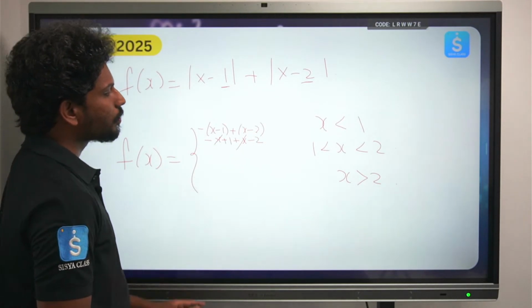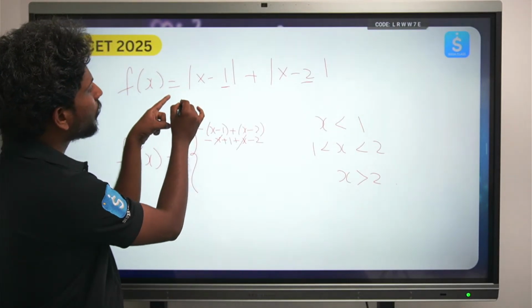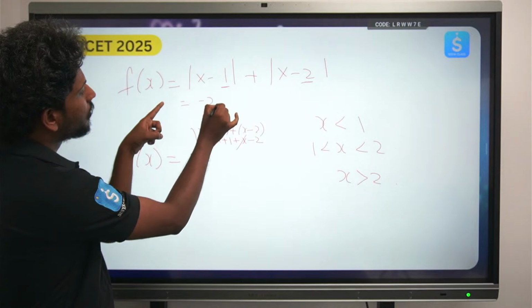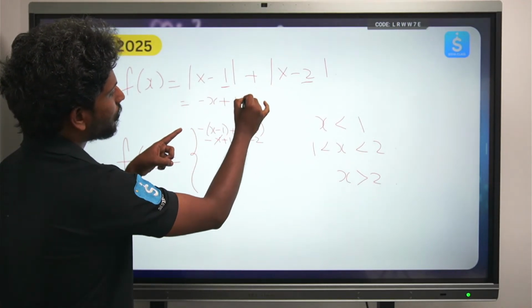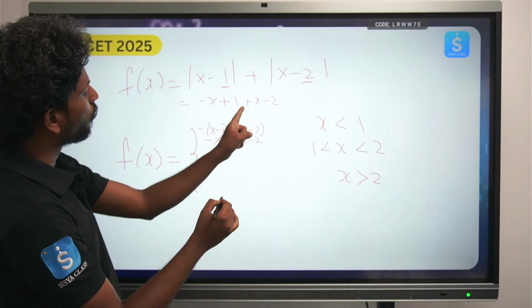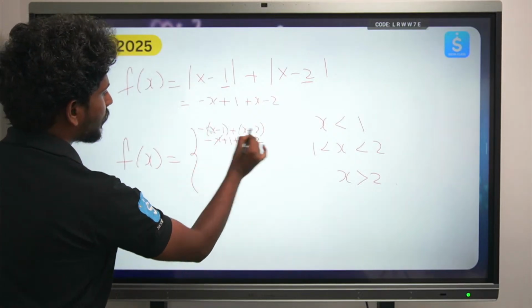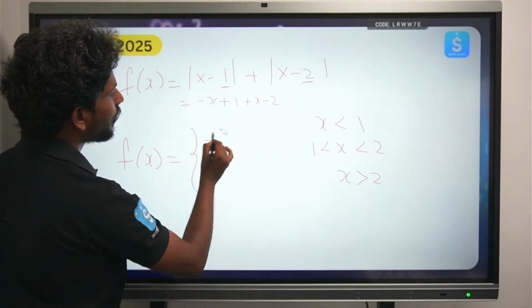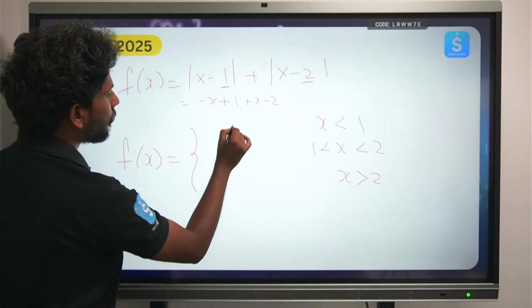So 1 minus 2 is minus 1. So when x is less than 1, it will become minus 1.